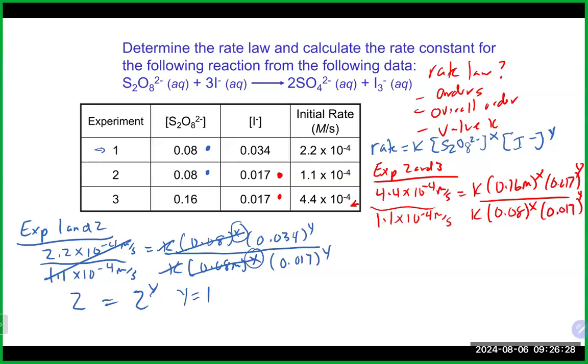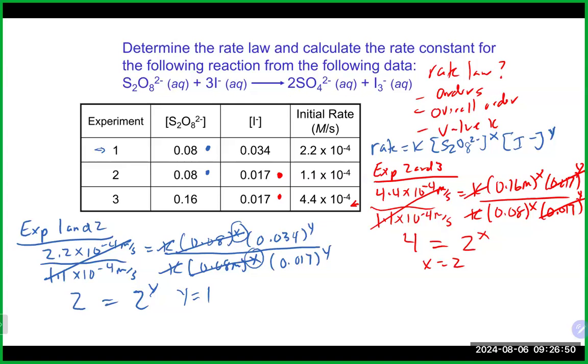Here doing our math, we're going to get a 4 is equal to, again, our K's will cancel. That's going to give us a 2 to the X. And again, this guy is going to cancel. In this case, you could also probably easily see that X is actually going to equal 2, our second order with respect to that guy.